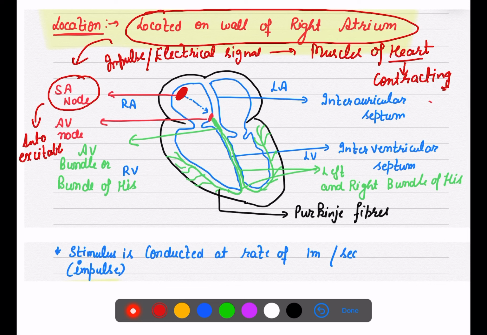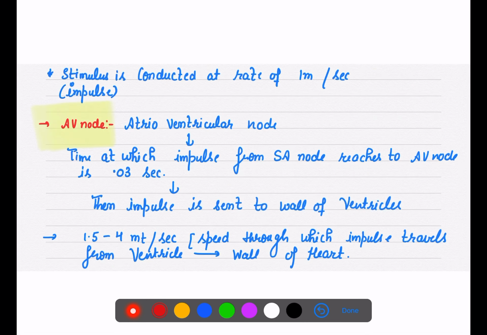Stimulus, कितना टाइम लगता है इसको स्टिमुलस कंडक्ट करने में? The impulse which is generated from this node travels at the rate of 1 meter per second. Now, what is the AV node?